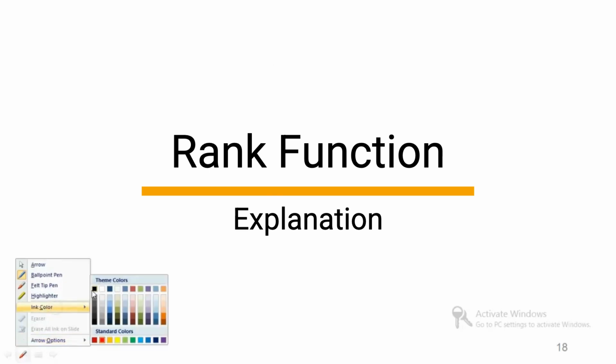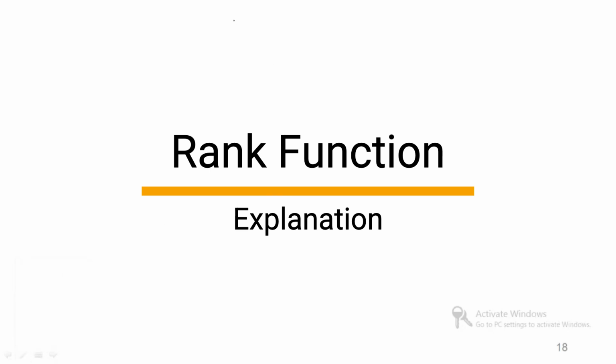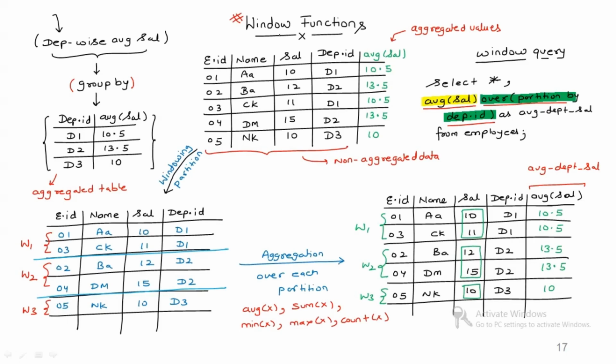Let's talk about what exactly the rank function is. Rank is an aggregation function. In the last slide, we were talking about what exactly window functionality is. With window functionality, we can use a variety of aggregation functions, and I have written those functions here.